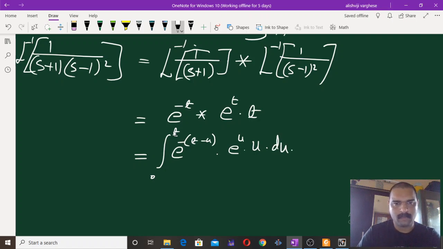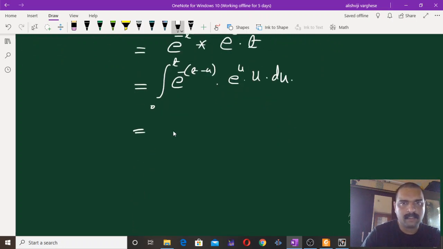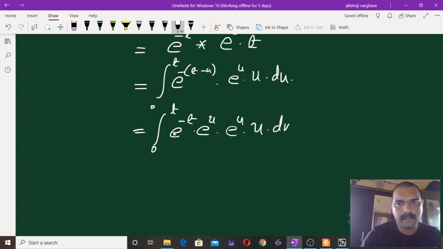It is equal to, when we expand the first e raised to minus of t minus u, we get integral 0 to t e raised to minus t into e raised to minus of minus, that is plus u, into e raised to u into u du. So since we are integrating with respect to u, e raised to minus t is a constant that is taken outside. Then what remains is integral 0 to t u into e raised to 2u du.